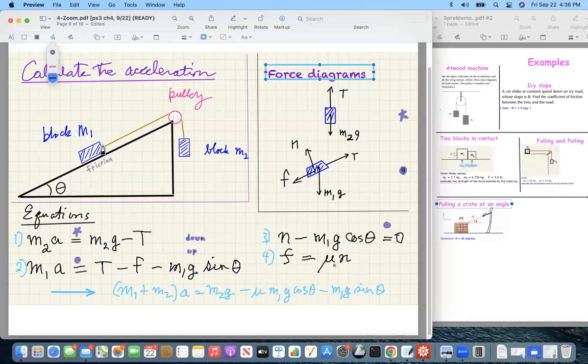There's the tension of the cord. And when a cord goes over a pulley, the tension remains constant. So the tension is the same on both sides of the pulley. So this tension is the same as this tension. And the other force is friction, which acts in the opposite direction from the velocity.